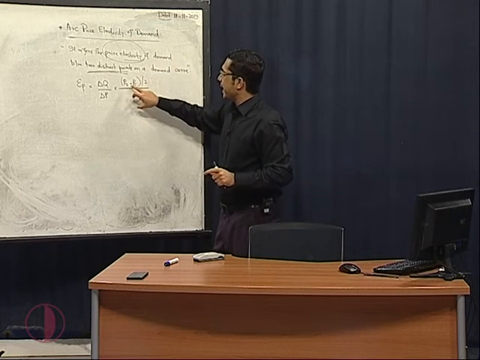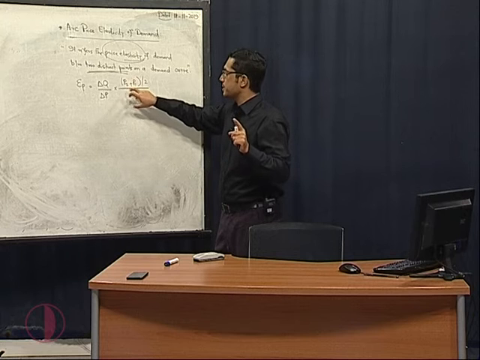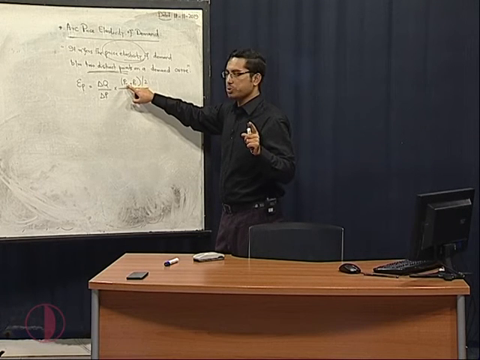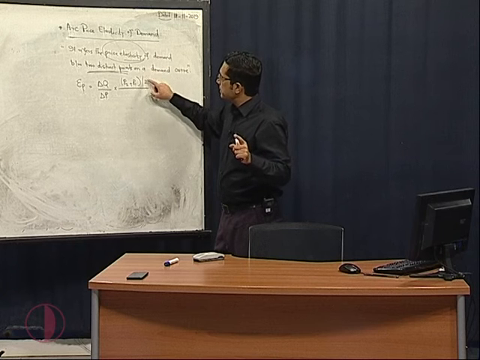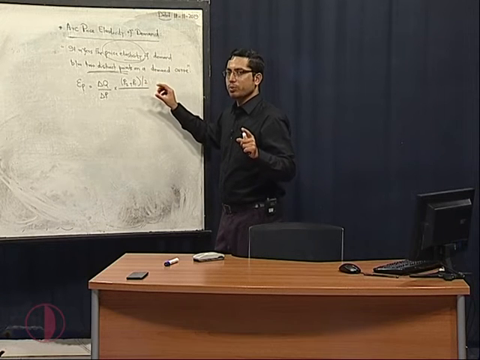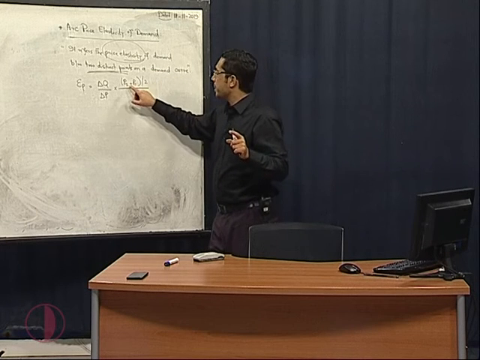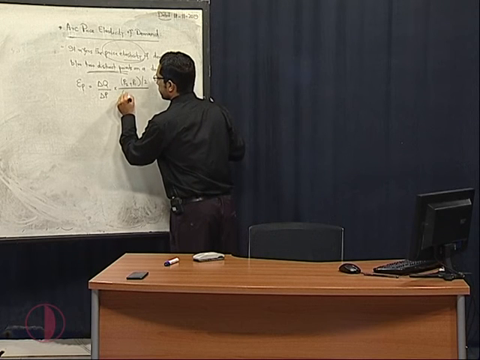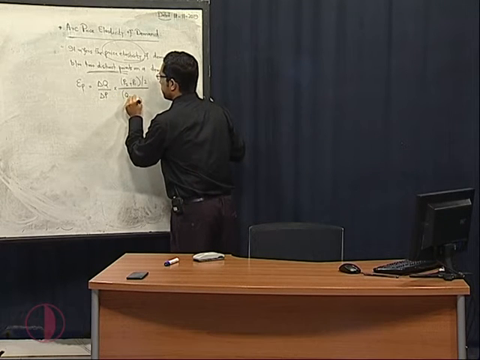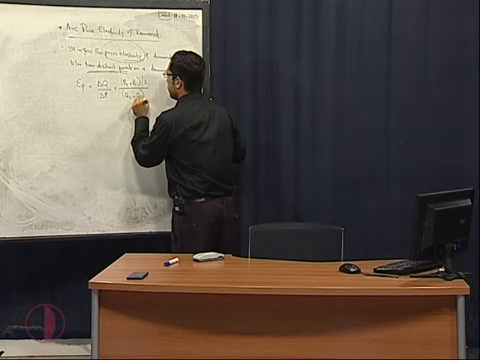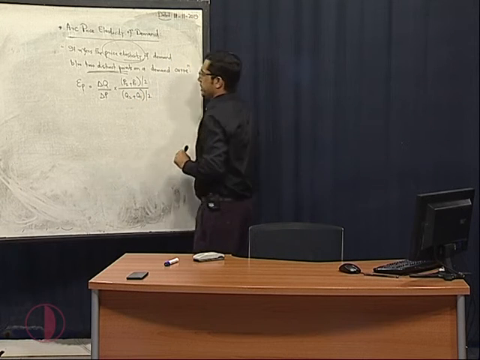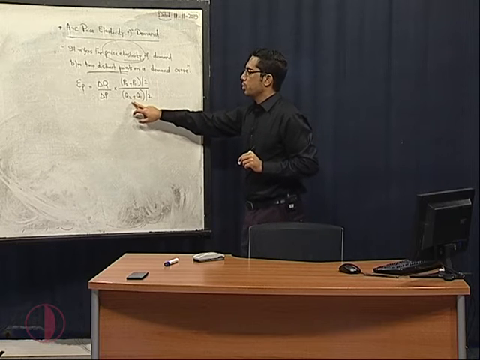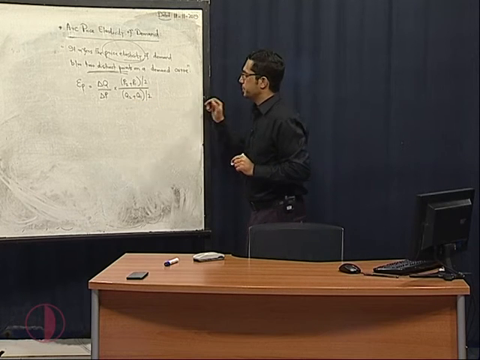We are taking the average of the two prices, P1 the original price and P2 the new price, divided by 2. Similarly, for output, Q2 plus Q1 divided by 2, which means the average of quantity demanded.